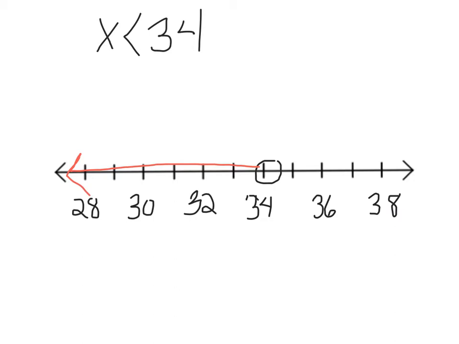It can be any of those numbers all along the way, but not 34. So we leave that open because we know it's not 34. So whenever you have a number that it says it's less than or greater than, you're going to circle that number and leave that an open circle because it's not that number.